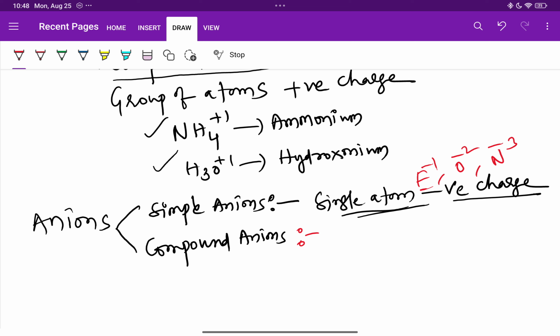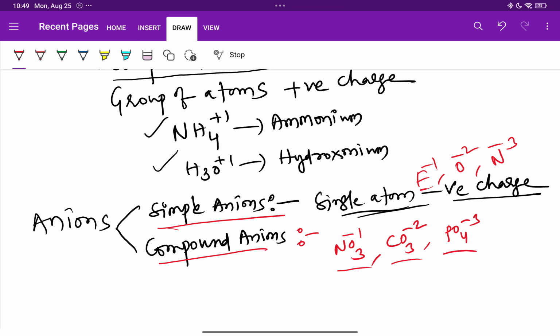And compound anions, on the group of atoms we get a negative charge. Example, NO3-1, CO3-2, PO4-3. So these all are called compound anions because group of atoms with negative charge.